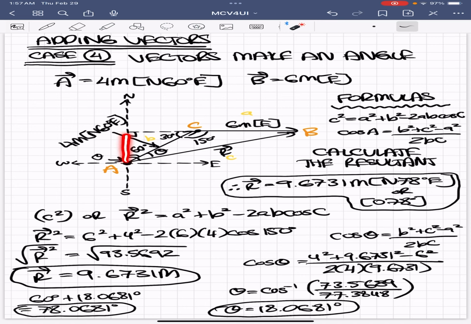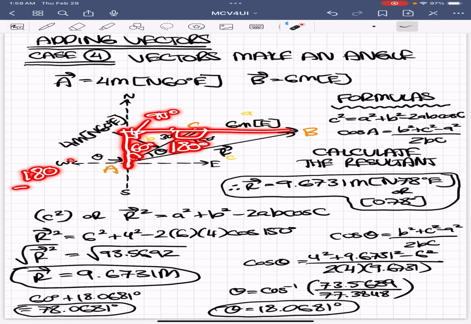And then going up, this was a straight line. A straight line totals 180 degrees. This right here is perpendicular, so 90 degrees. We have 60 degrees right here. So 180 minus 90 minus 60 equals 30 degrees. And that's how we got the angle right there.